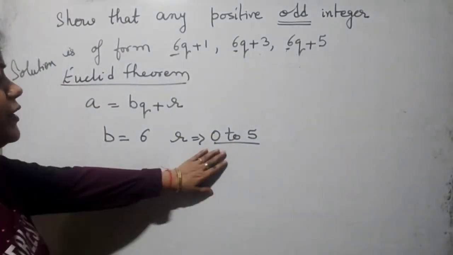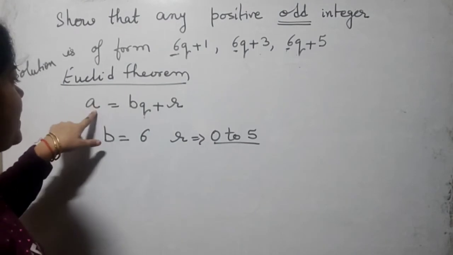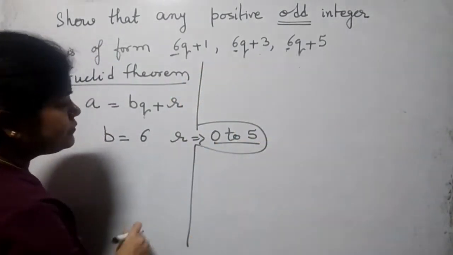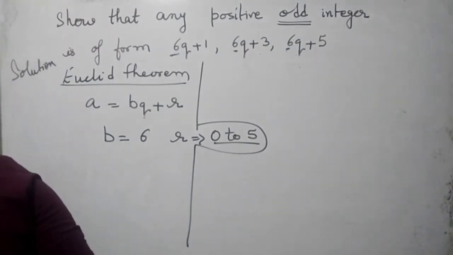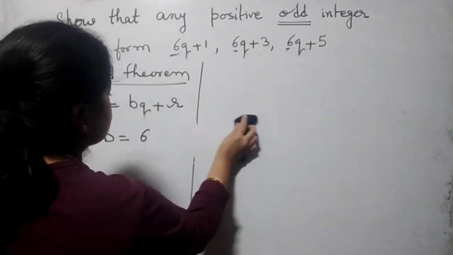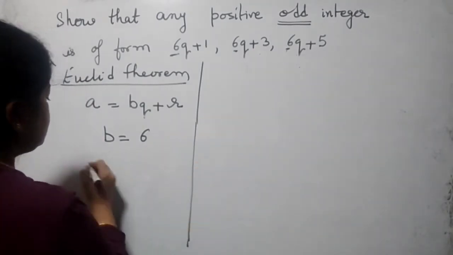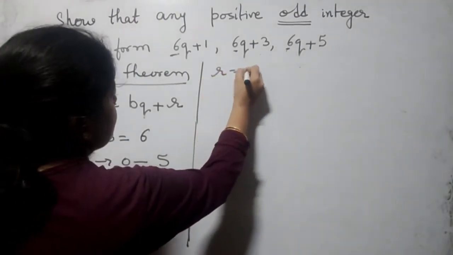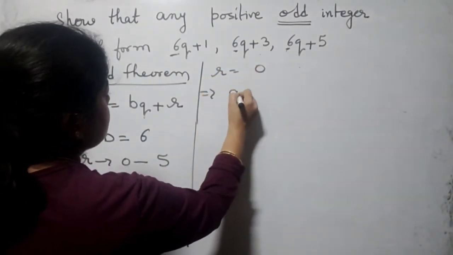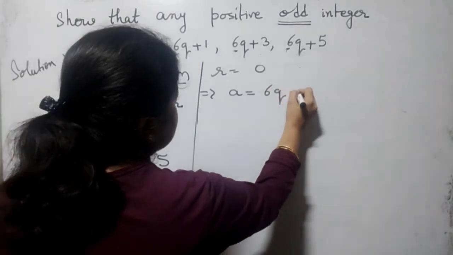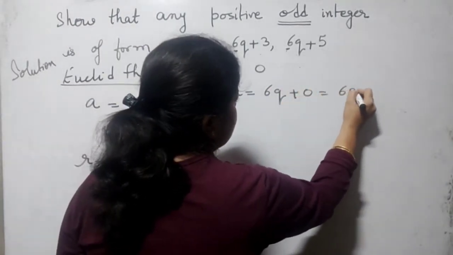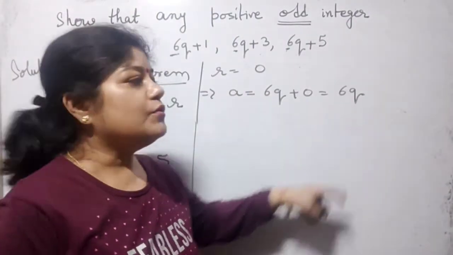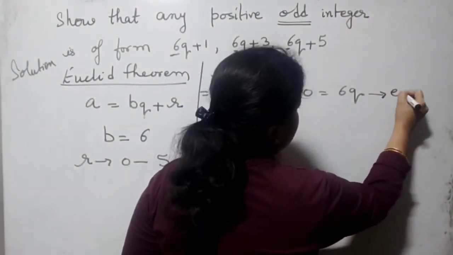Now we put different values of R in this equation and find the value of A one by one. That means the value of R is from 0 to 5. Now when the value of R is 0, A is equal to 6q plus 0, which is equal to 6q. Now 6q, as it is obvious, is divisible by 2, so it is an even number.